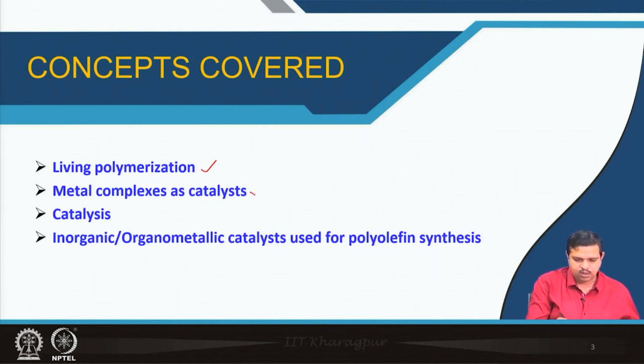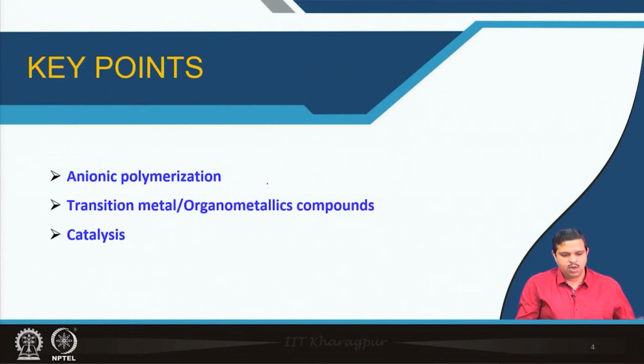Then we will go to the living polymerization by metal complexes, and we will briefly know the concept of catalysis. The keywords here: anionic polymerization, transition metal organometallic compounds and catalysts, and a very brief concept of catalysis.